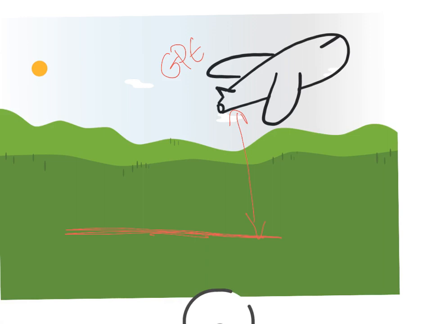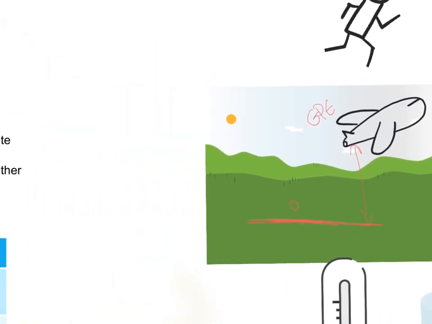At the bottom, we assume that objects at ground level have zero energy, and as they are lifted higher up, the gravitational potential energy increases. This is the energy stored in objects due to their position relative to the ground.